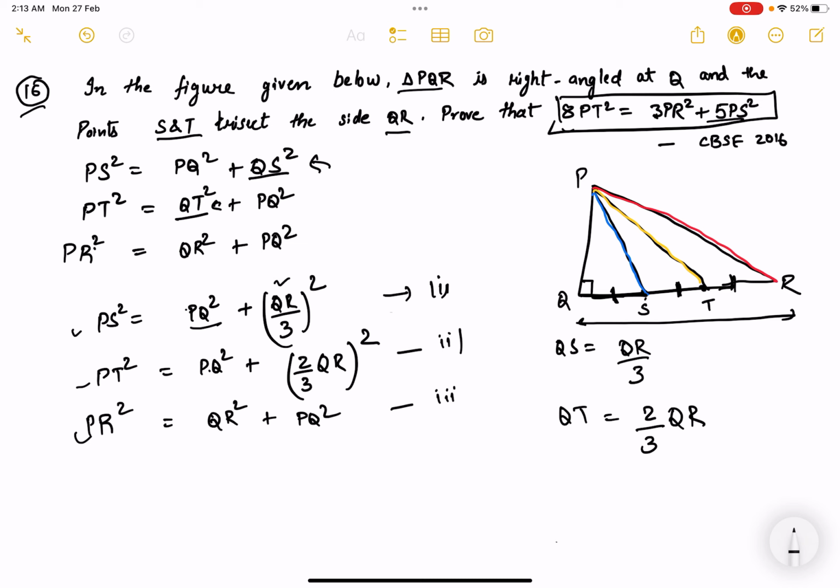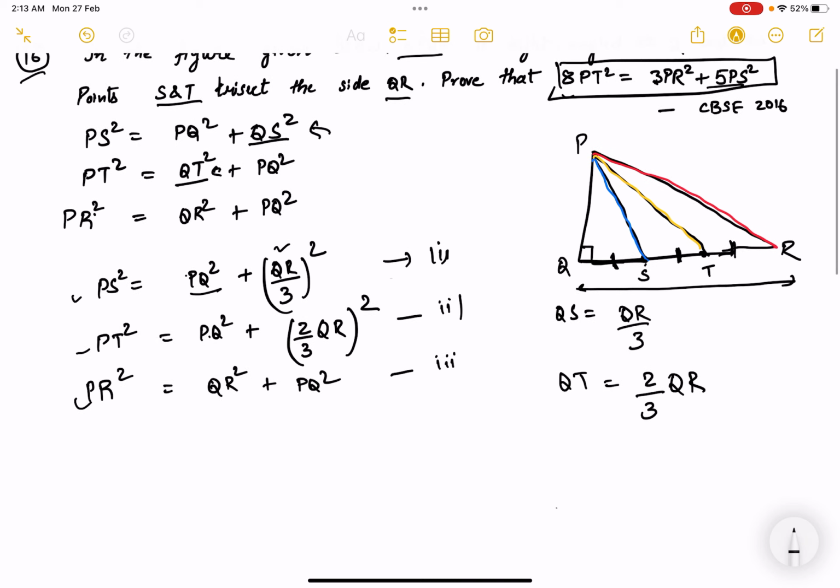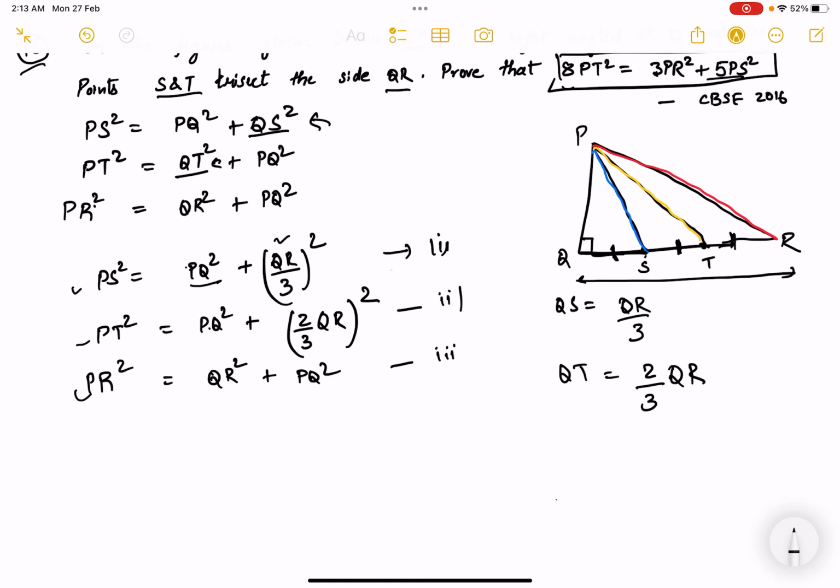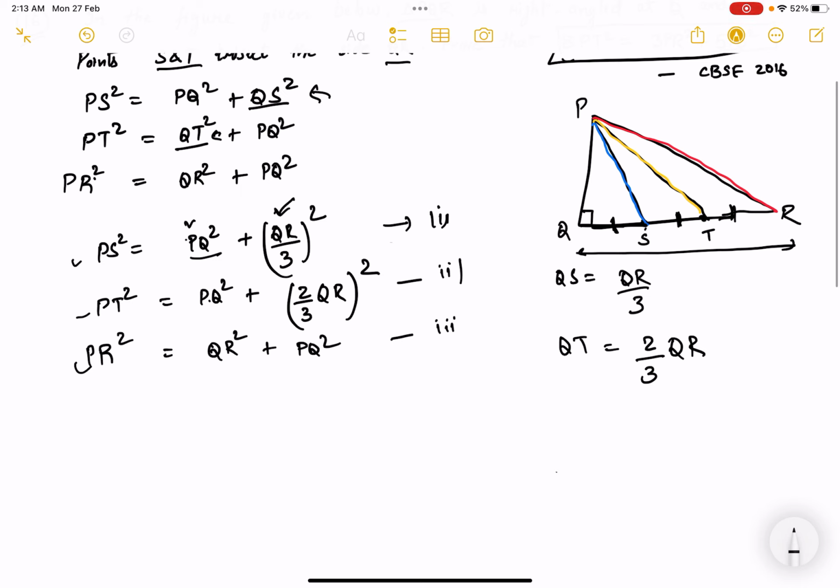We have 3 equations and we have to eliminate two terms. So what we will do, we will subtract equation 1 and 2.